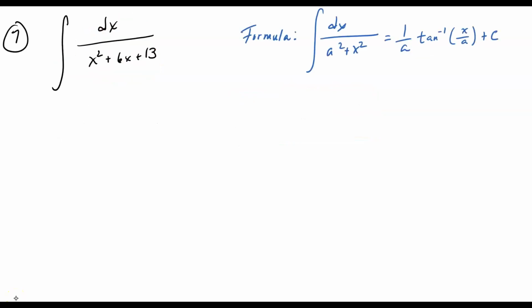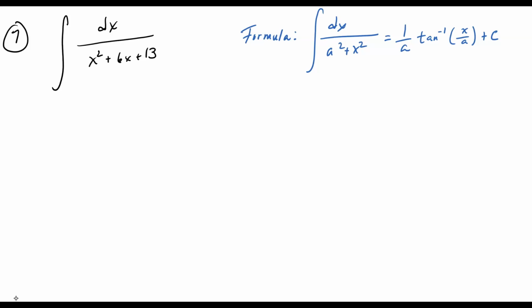In this next example, we see that we've got a problem that has a polynomial, in this case a trinomial of the second degree, in the denominator. And it's actually a really nice problem, okay? What I'm going to do is apply the technique for the tangent inverse.